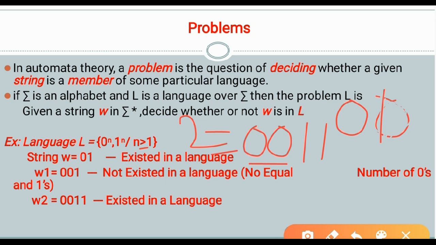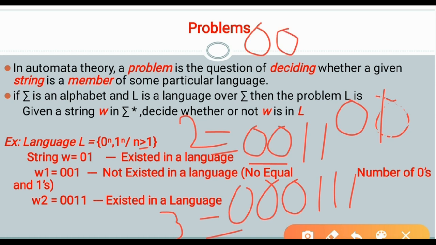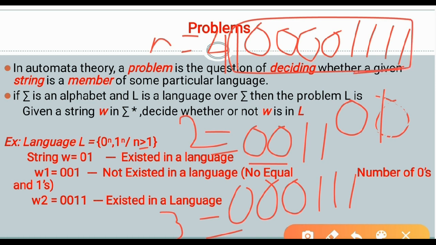When n equals 3, 3 zeros and then 3 ones. When n equals 4, you take 4 zeros and 4 ones. So these are all the possible combinations of the words.